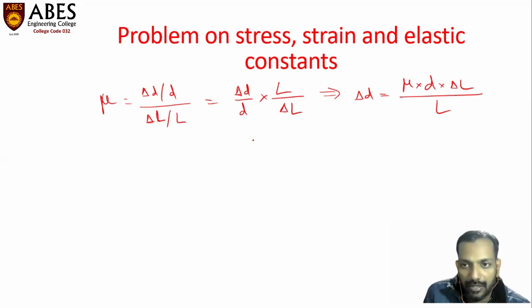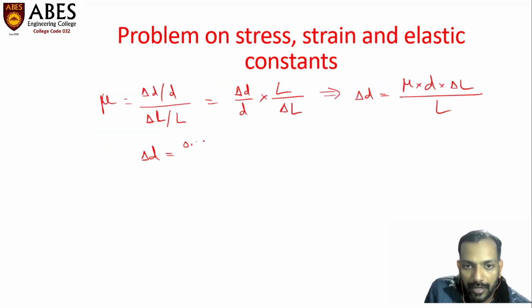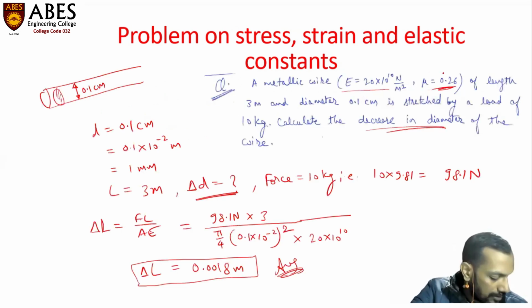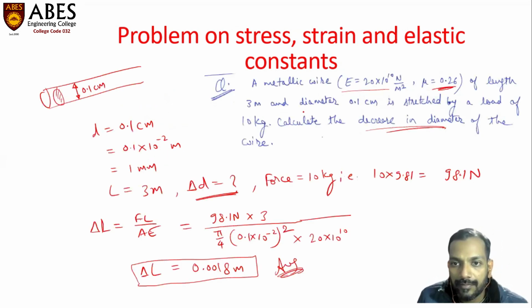Let's put all the values. Change in dia is equal to, what is the value of mu in this question? Mu is 0.26, multiplied by diameter. Diameter has been given here 0.1 centimeter.